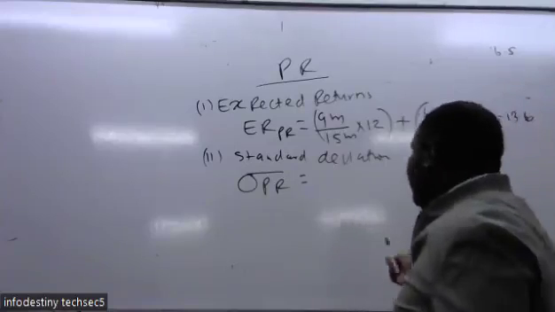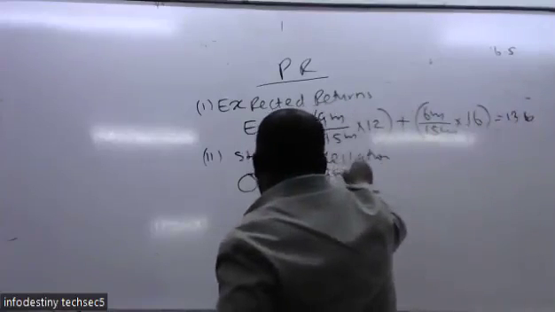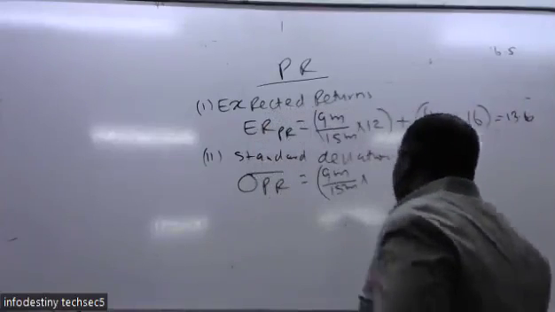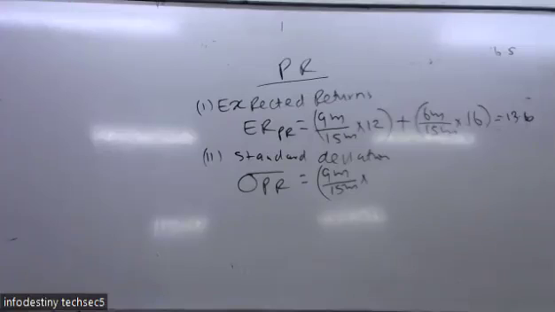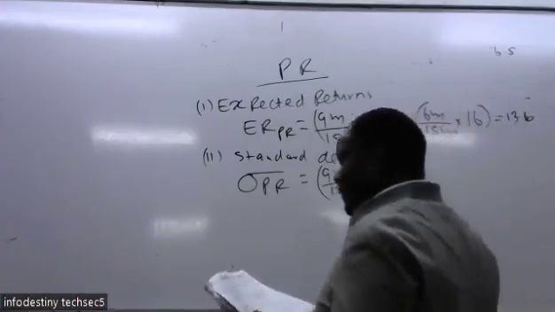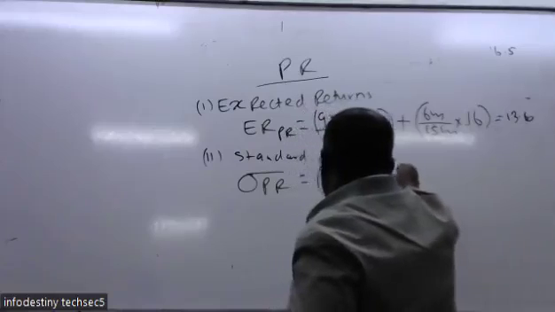you still do the same. 9 million divided by 15 million, then multiply by the standard deviation for P, which is 2.5.